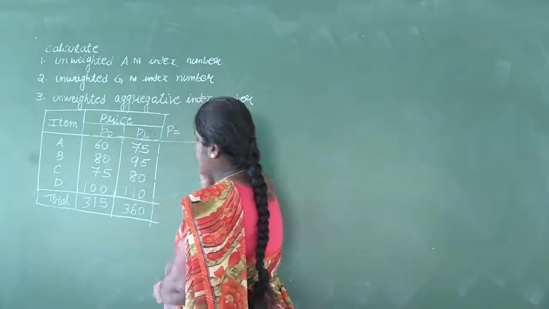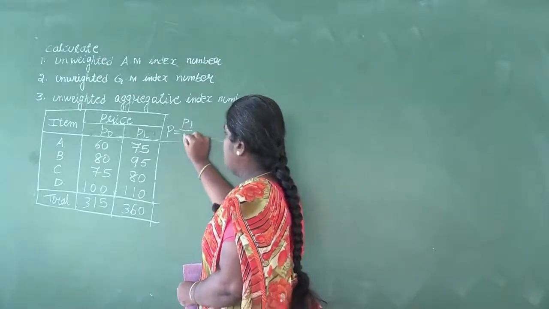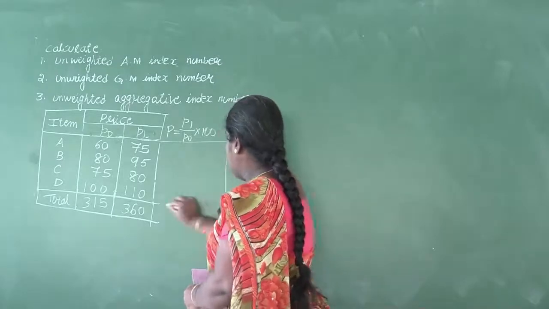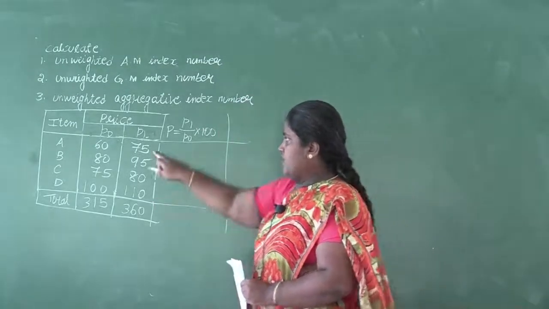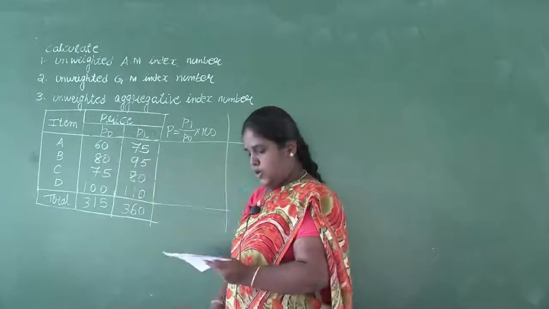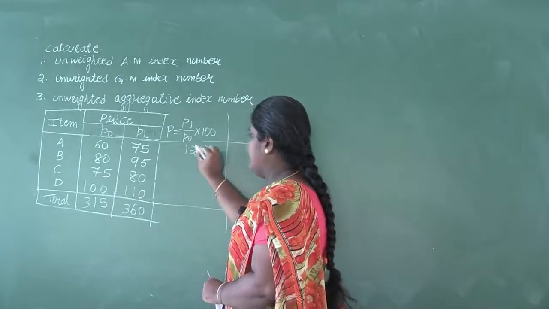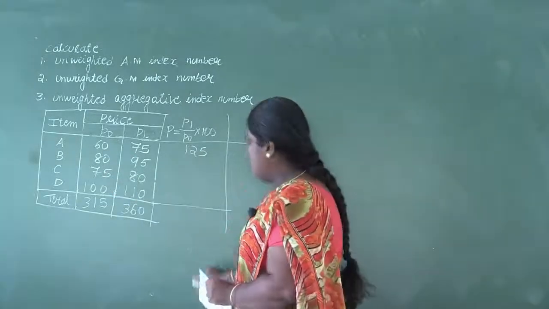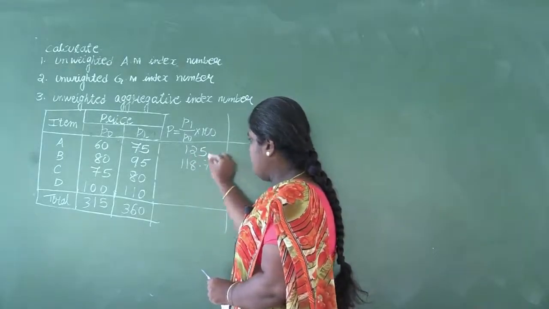So we'll be calculating P. P is nothing but P1 divided by P0 into 100. For the first item A, the value is 75 divided by 60 into 100, which is 125. Next, 95 divided by 80 into 100, 118.75.